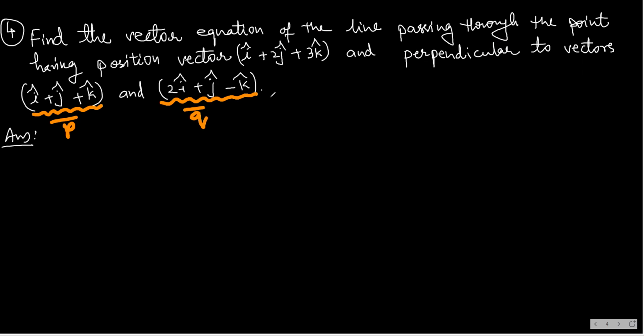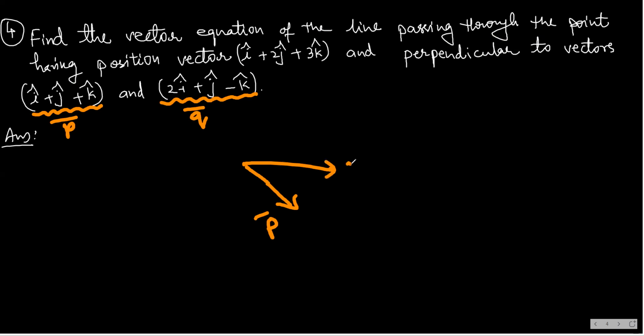Okay, so my line is perpendicular to these two vectors, P bar and Q bar.